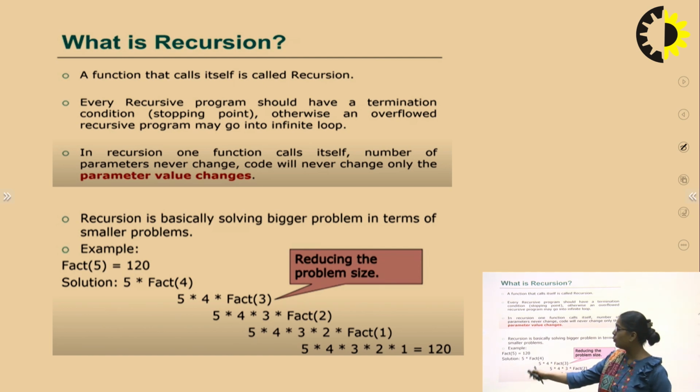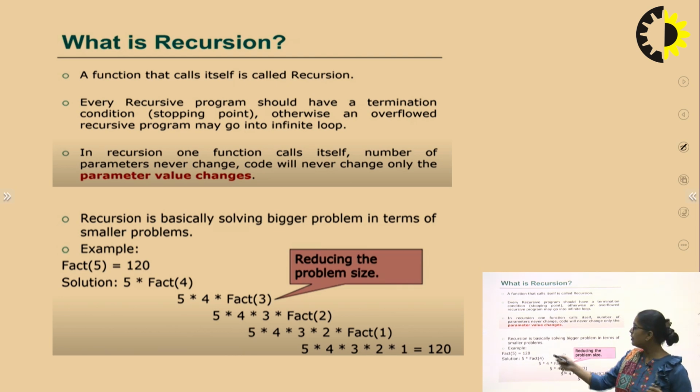What is the solution actually? First, we take the value 5 multiplied by fact 4. After that, 5 into 4 multiplied by fact 3. What we are seeing here, fact 3, fact 2, fact 1, is a decreasing function. The factorial value is continuously decreasing until we reach the base condition.